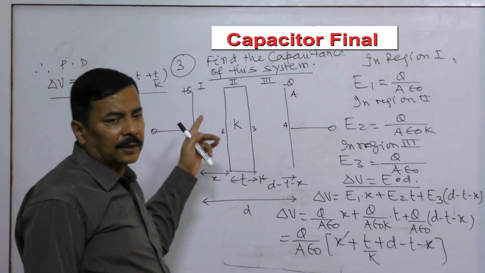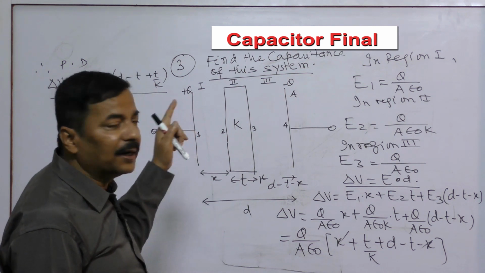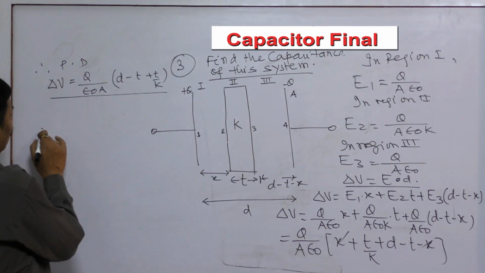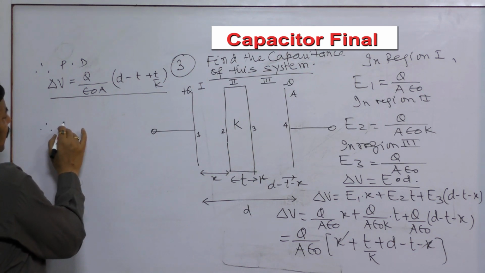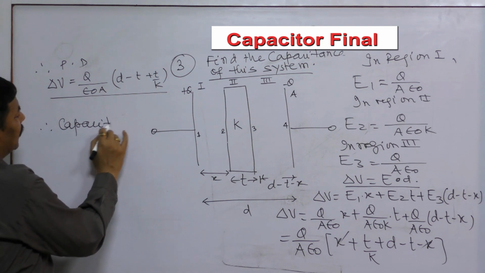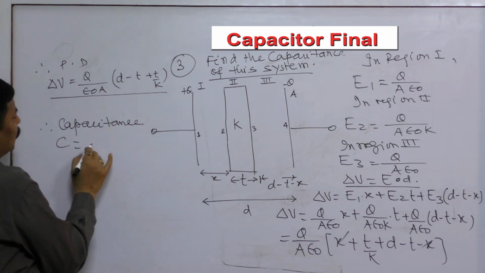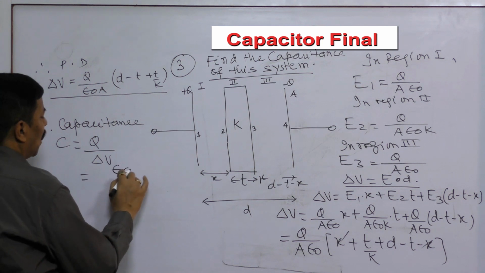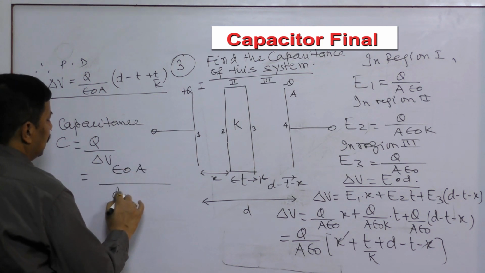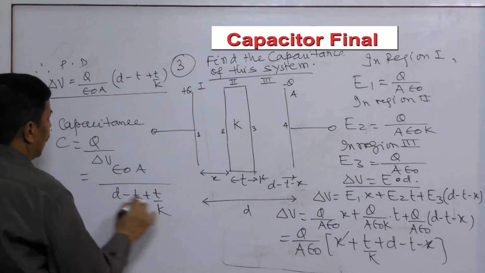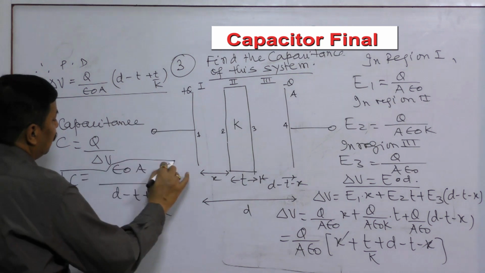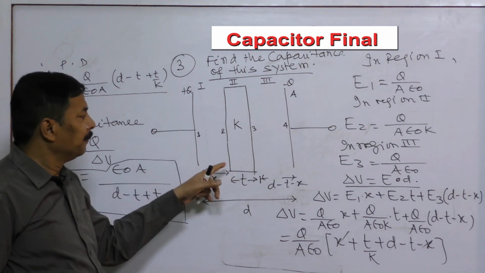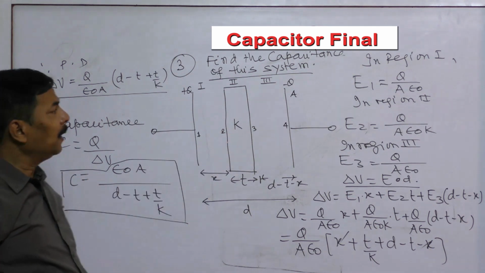Now, the third step, we have calculated the potential difference. What is our next step? For finding the capacitance, we use the formula capacitance C is equal to Q by V. So capacitance C is equal to Q by delta V, that is epsilon naught A by D minus T plus T by K. This is the expression for the capacitance of the parallel plate capacitor with a dielectric of thickness T inserted between the plates.